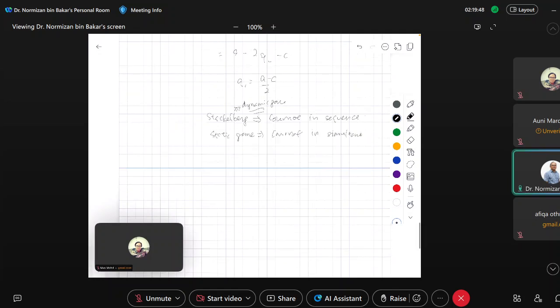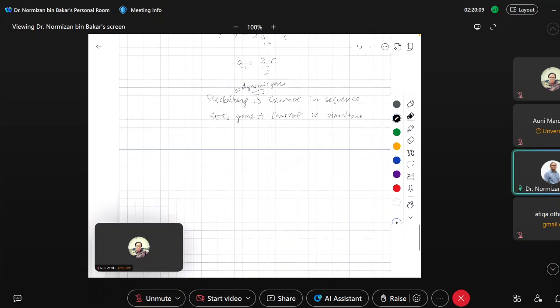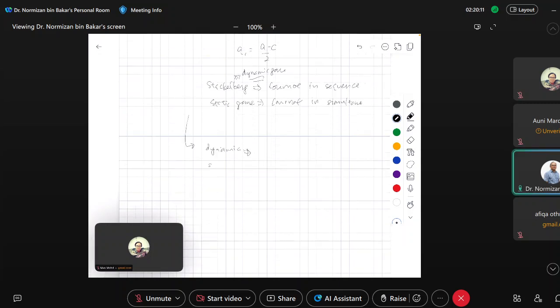So it is clear to us that if the game is dynamic or sequential, it affects the strategy of firms compared to the static game.